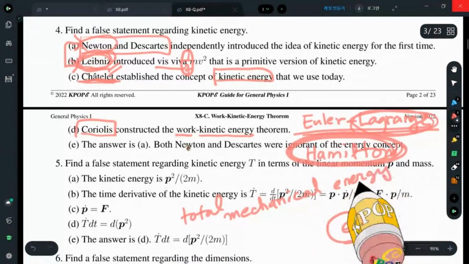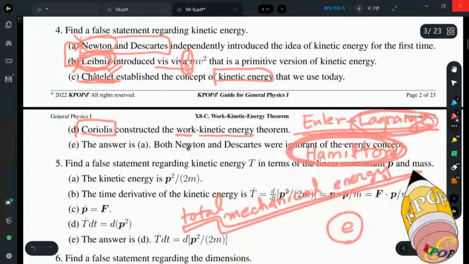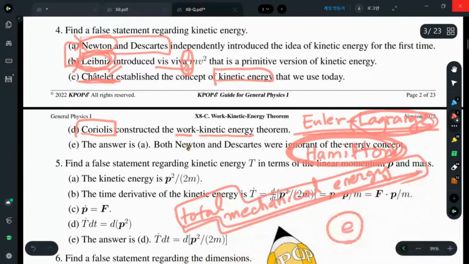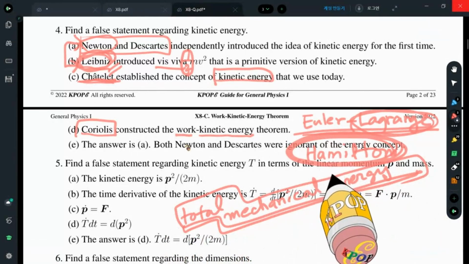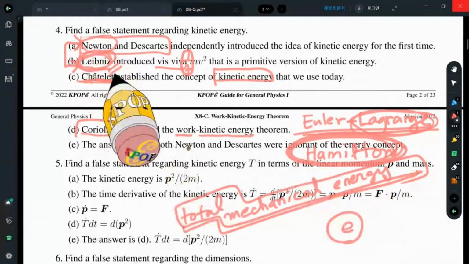What we learn from now on will be mainly total mechanical energy conservation in a conservative force. The concept of total mechanical energy was well established. He is very well behind all of them.